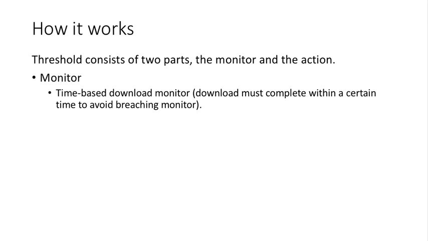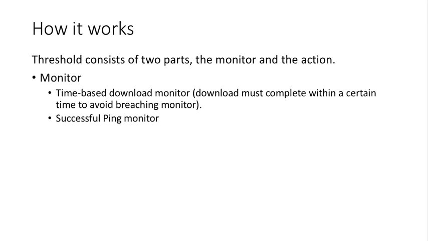In this case, you can set up a time-based download monitor, which will continuously pull down a file from a URL that you've specified. It will do this in a loop until either the file download takes longer than the time that you've specified in the monitor, or you manually stop the monitor. I'll give a demonstration of how this works in a moment.